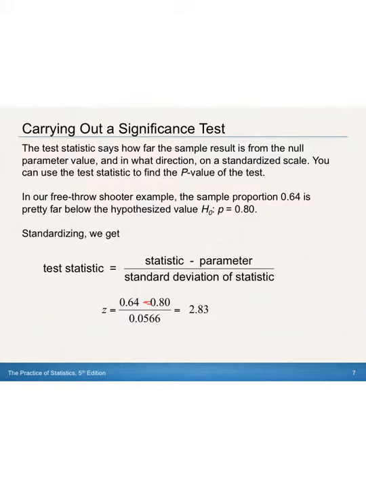So we get a negative z-score of negative 2.83. So we're way toward the third standard deviation away. And remember, within three standard deviations is 99.7%, so we should expect this to be a really small number.